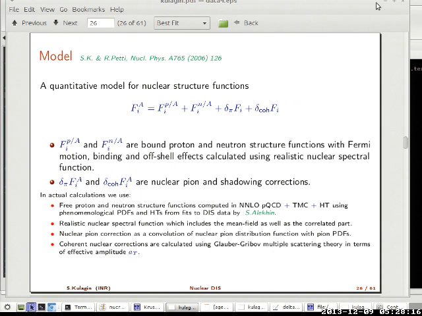Okay, so let me explain what we are doing with this model. So I stopped at this point, promising to discuss how the parameters of the model are fixed.